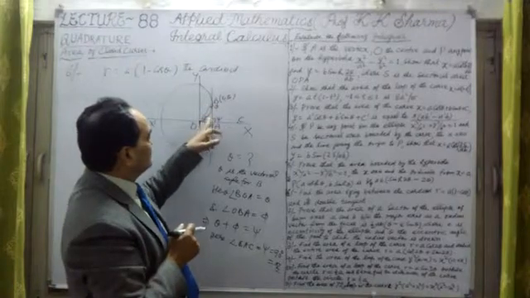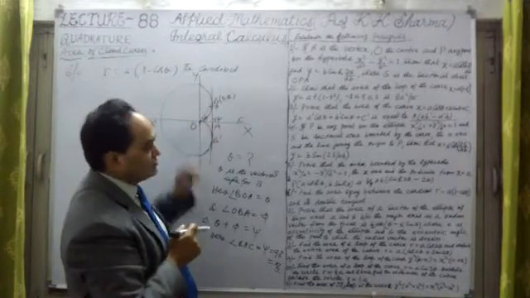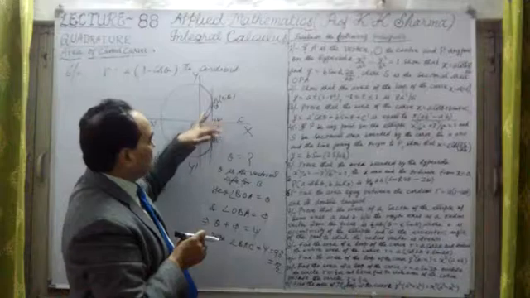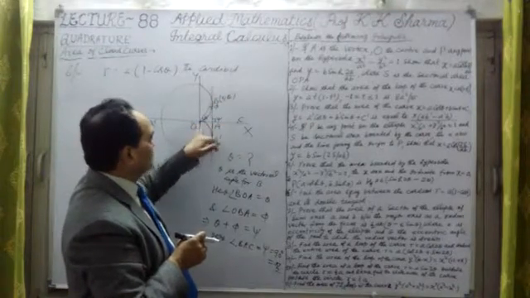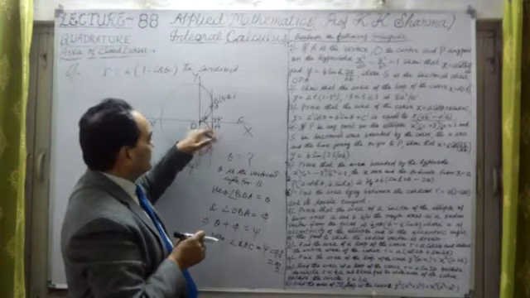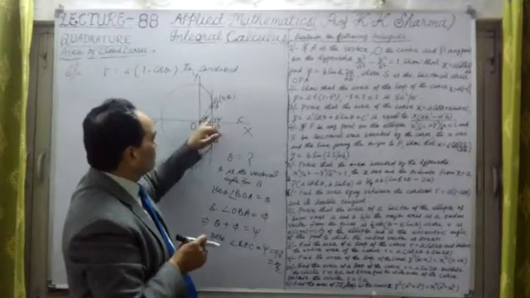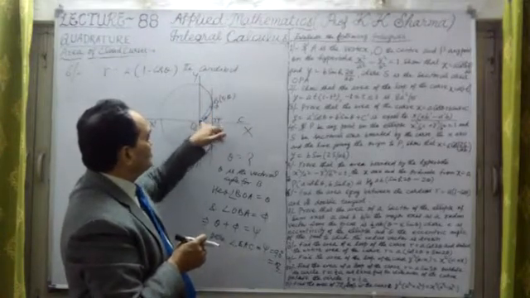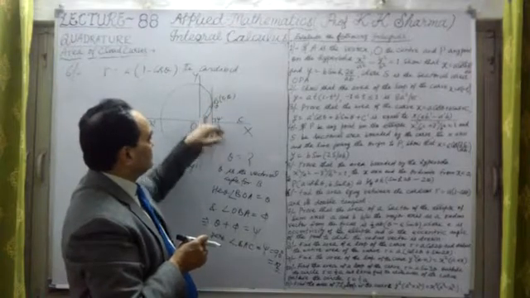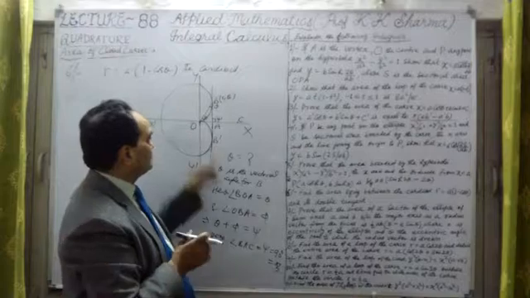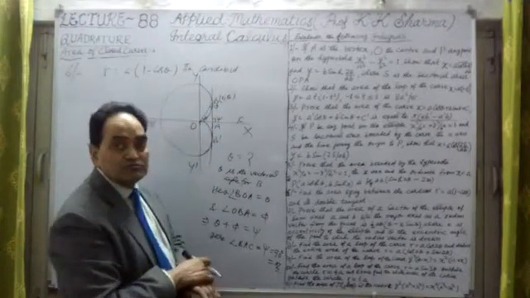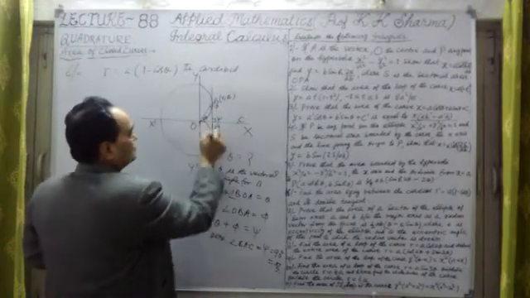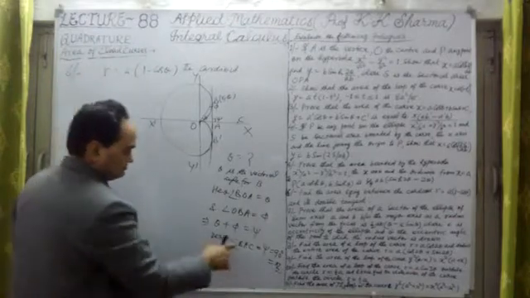The area of the triangle minus the area under the cardioid from this point to this, the limits are the same. The area of the triangle is half base into height, that is half OA into AB. The cardioid area is OABO. But twice of that, because the same area is below, between the cardioid and the two tangents. Okay, so this is the point we have taken.